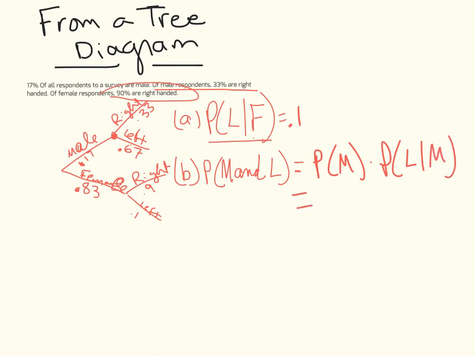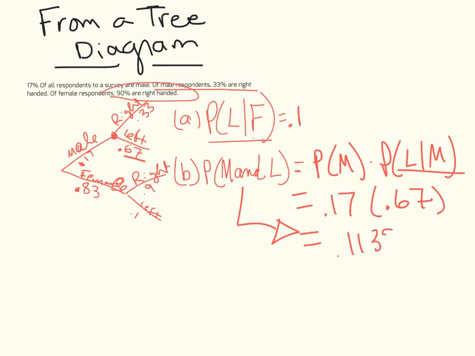So the probability of being male is 17%, and the probability of being left-handed given you're male is 0.67. So the probability you are male and left-handed out of all of the survey respondents is 0.1139, which is just 11.39%.